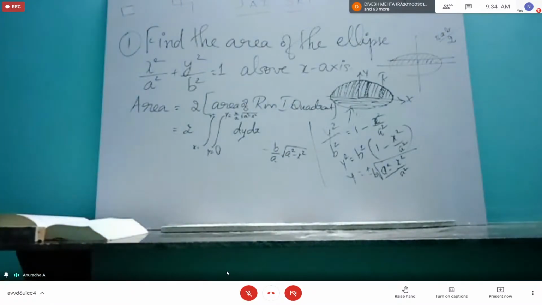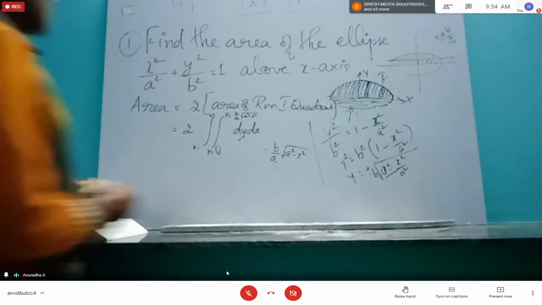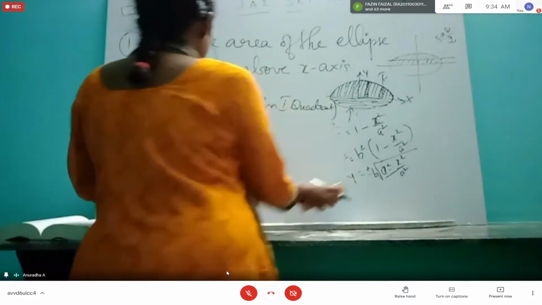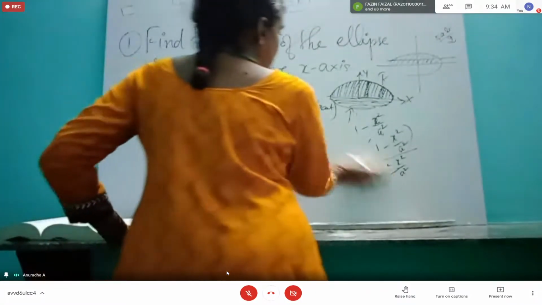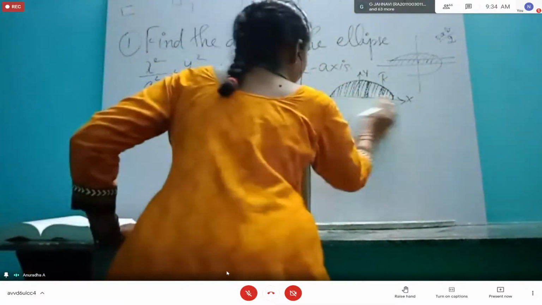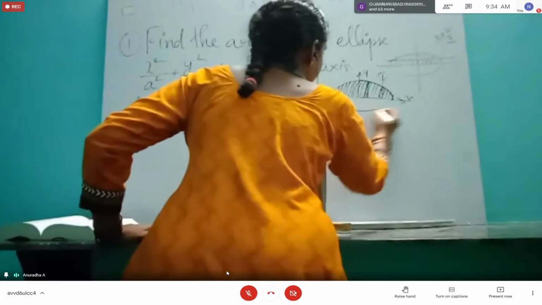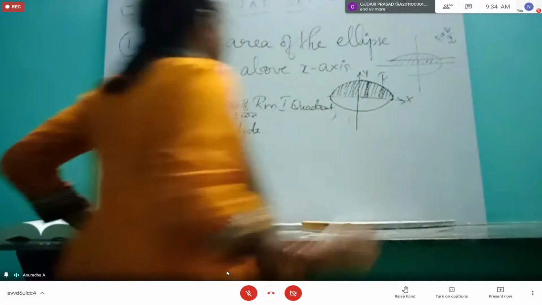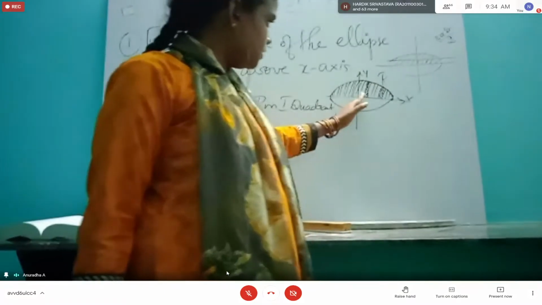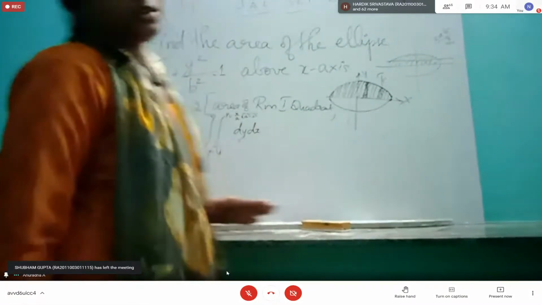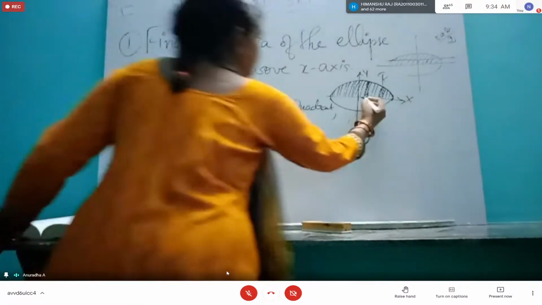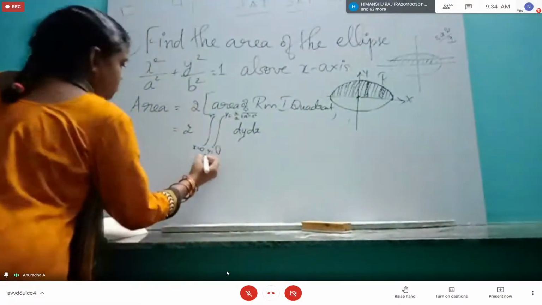Next, we have to write the x limits. Only the first quadrant we are taking. We have written it like that, so don't change it, otherwise this 2 will become a mistake. So next, we are going to write the x limits for the first quadrant alone. How to write the outer limit? For this first quadrant region, find the min and max limit of the x-axis. The minimum is obviously this starting point, 0.